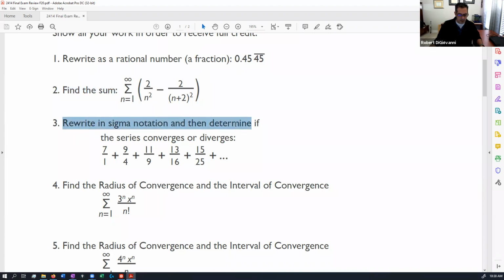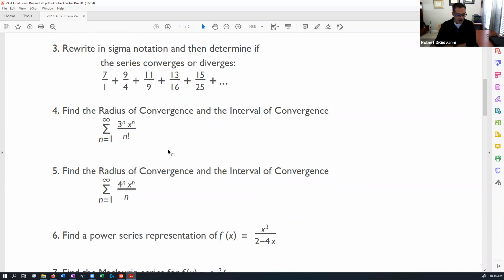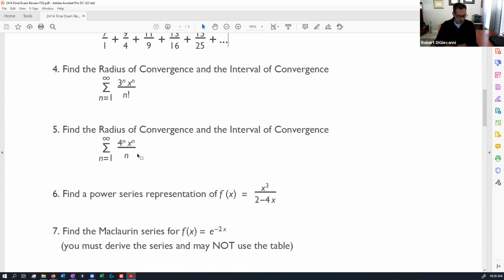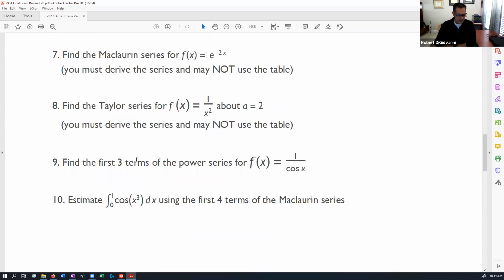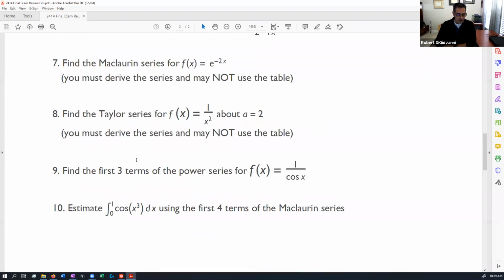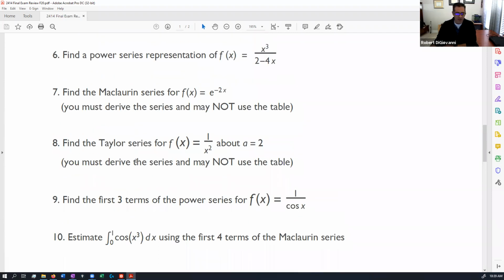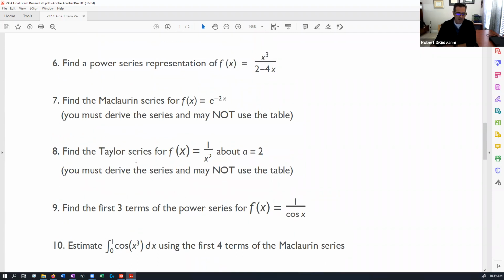Rewrite in sigma notation and then determine if it converges or diverges. So I give you a series, you find the sigma notation for it, and then you'll have to run a test there. And then radius of convergence and interval of convergence, where you will probably have to do some tests. And then 6 through 11, we still haven't talked about yet. So we still have a lot to do.